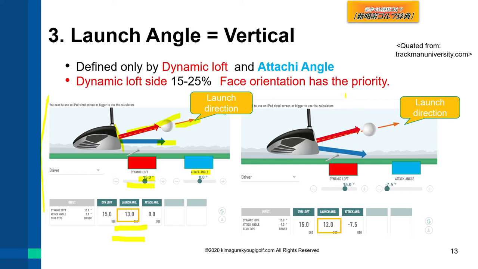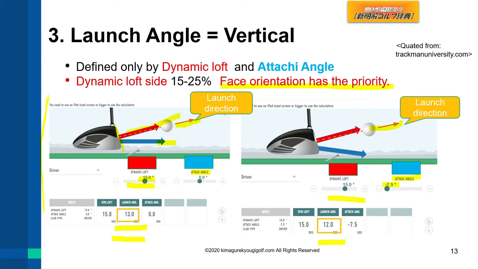In this sample here, the attack angle is minus 7.5, and the launch direction is still 12, which is again much closer to the face angle, dynamic loft. As you can see, the dynamic loft has more influence on the launch angle.